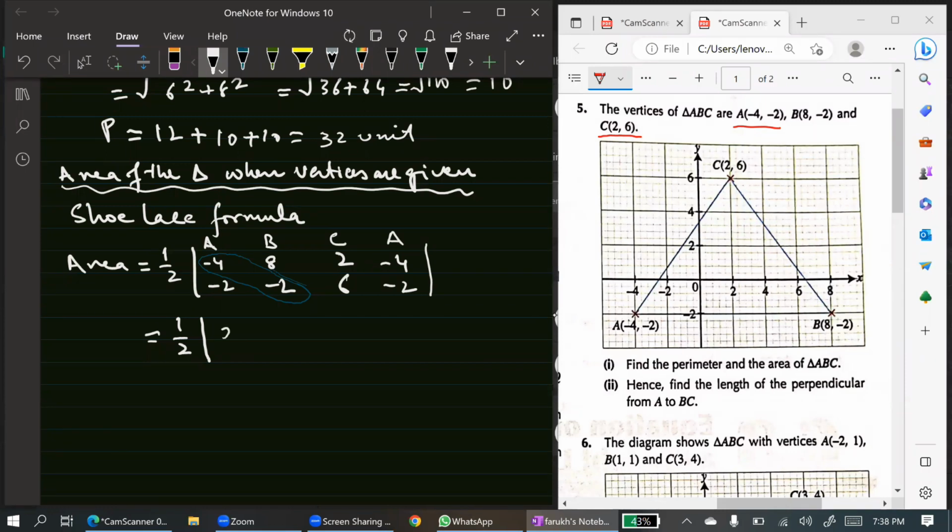8. Plus 8. Plus, now we will multiply these two. 8 into 6, 48. Plus. Now we will multiply these two.